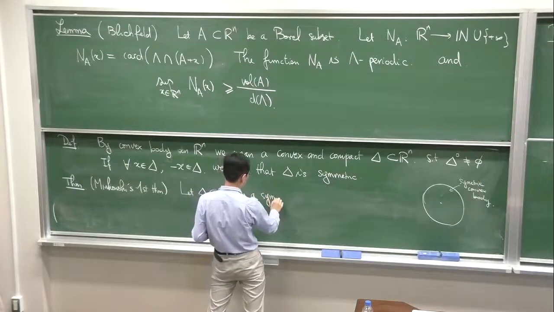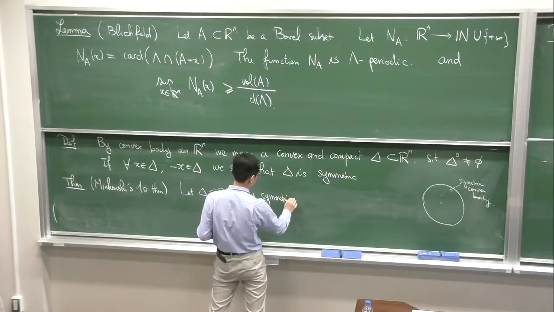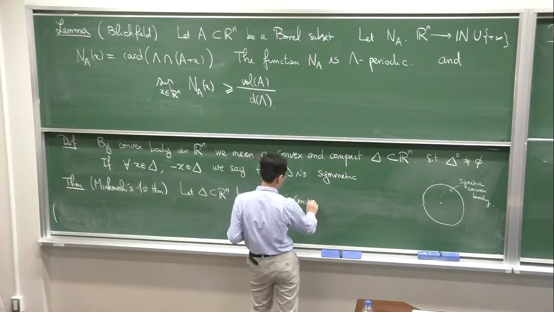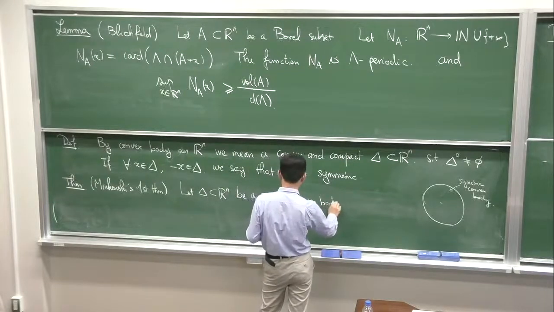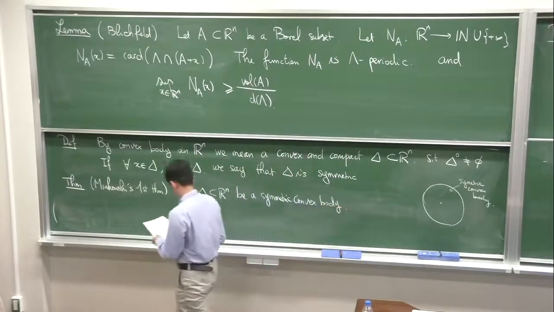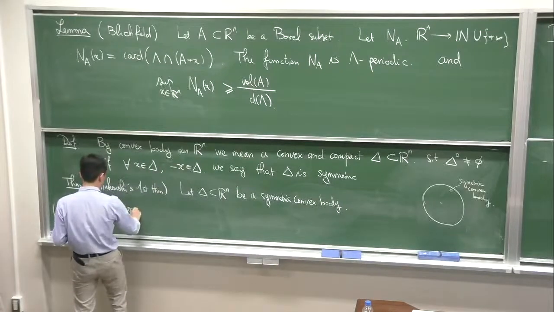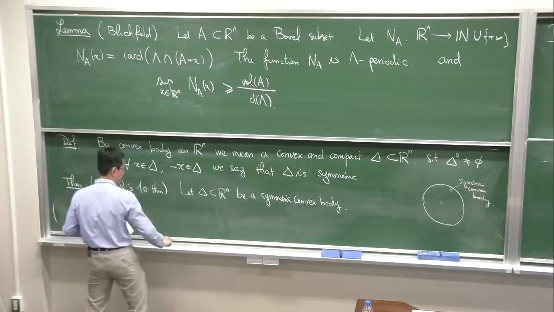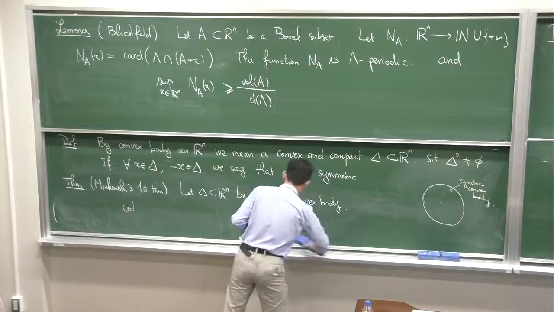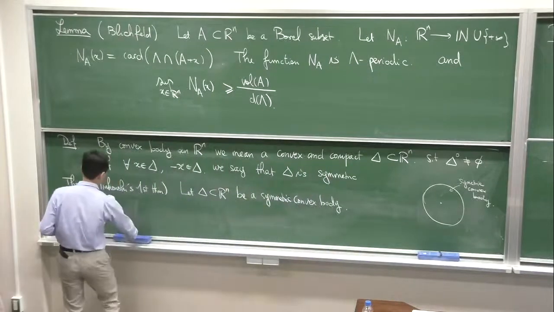Let Delta be a symmetric convex body. Then you can compute the number of lattice points in the convex body.